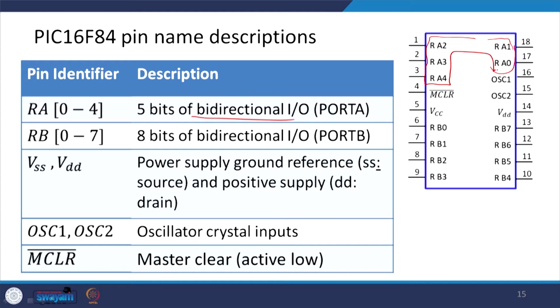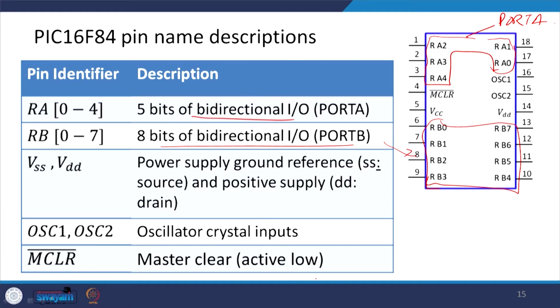These form what we call port A. And the 8 bit bidirectional input output pins are port B basically. Here you can see 1, 2, 3, 4, 5, 6, 7, 8. So, these are the 8 bit bidirectional input output pins of port B.